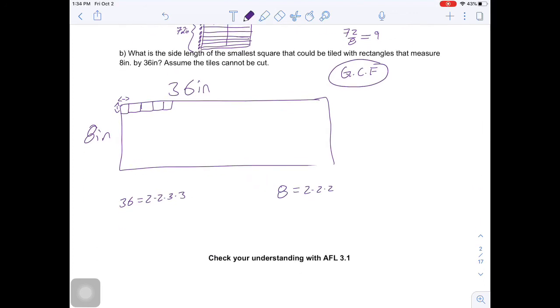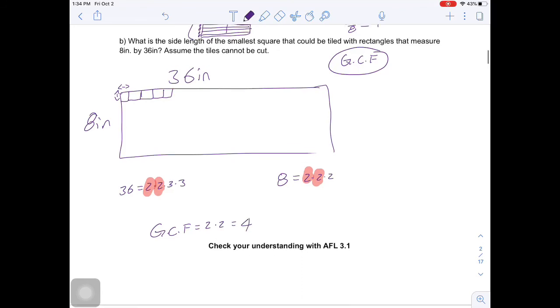Now we want the greatest common factor, which is a little bit different to find. Remember, you just find what they have in common. Here, they have two 2's in common, and that's it. So the greatest common factor will be 2 times 2, which equals 4.